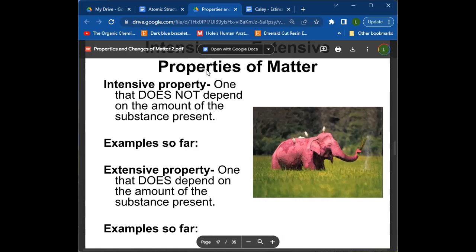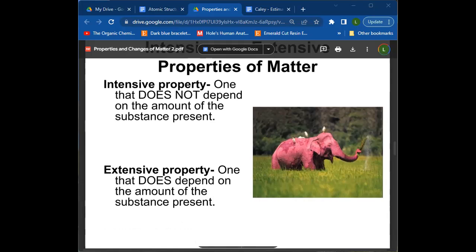We need to know that physical properties can be either intensive or extensive. Okay, so intensive properties do not depend on the amount of substance present.